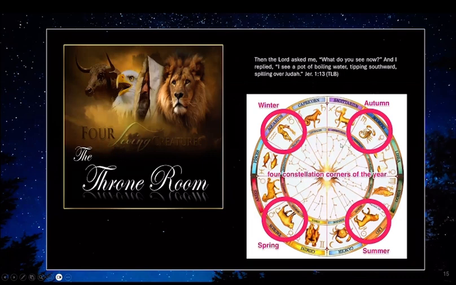But what people try to do is they say, well, there's 12 signs and four quadrants, and in the center of each quadrant, you have one of these: you have a man, and you have what they say is an eagle, even though it's a scorpion. You have a lion, and you have an ox or a bull, which are the four beasts around the throne in heaven. So you can't have an eagle, Robert, because the eagle is already assigned to Scorpio, and you're putting an eagle over in Cancer, right? So that just messes it all up.